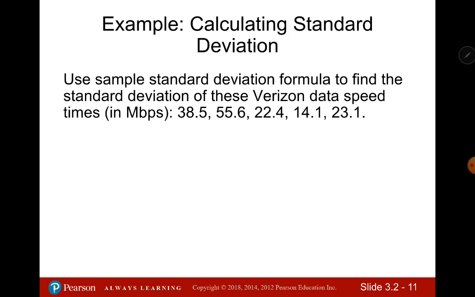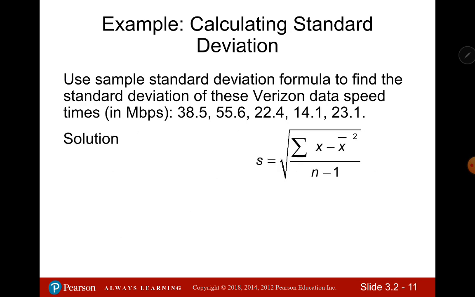Now let's check the example of how to find the standard deviation by using these 5 values. Of course we can use the first formula. If we want to use the first formula, we should get the x bar first.